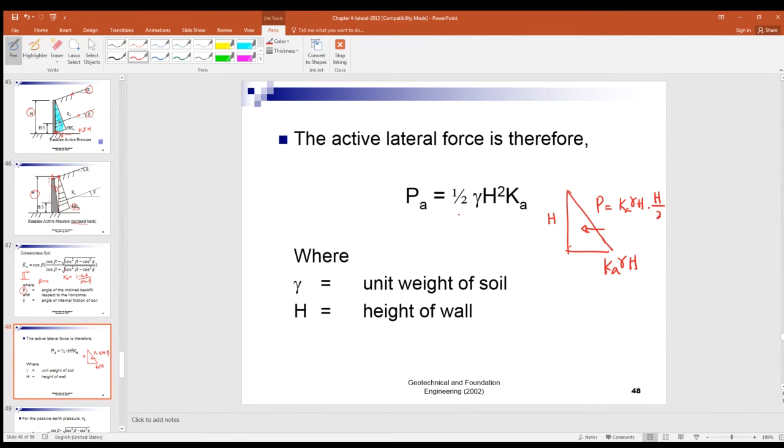So that's why we have this formula. Now you don't need to memorize it, but you have to know how to work it out from this triangle. So once you know the pressure and the height, you can calculate the area of this triangle.